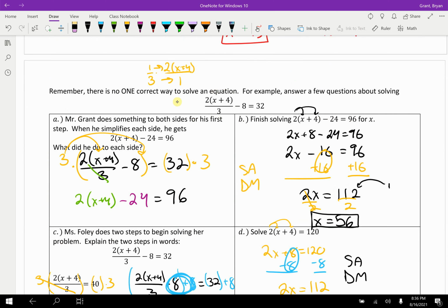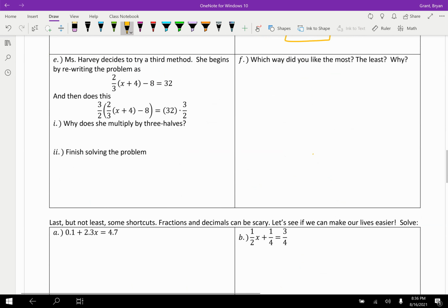And in fact, that's actually the same thing as 2/3 times x plus 4 over 1. If you multiply straight across, you get here. So if those are all the same, then we could actually, if this is over 1, rewrite this as 2/3 times x plus 4. So let's see what that looks like.